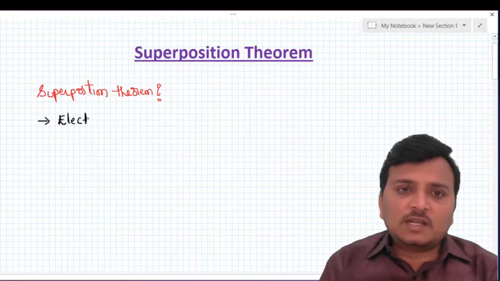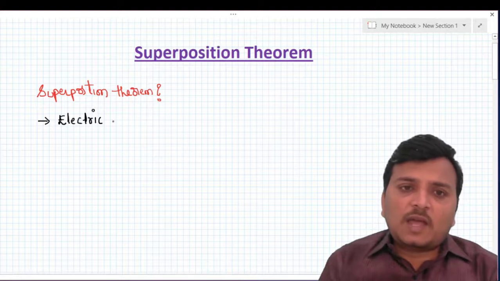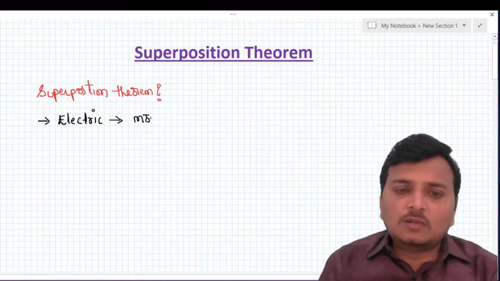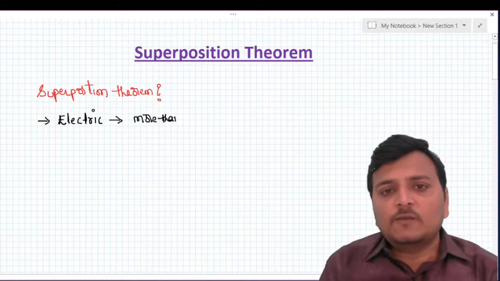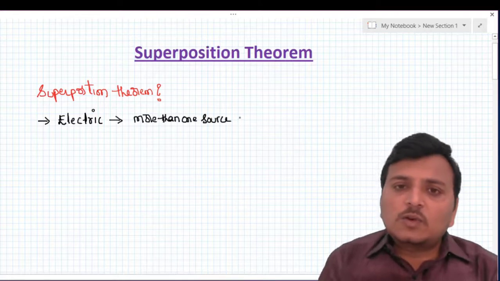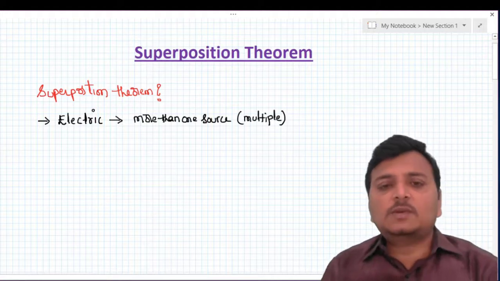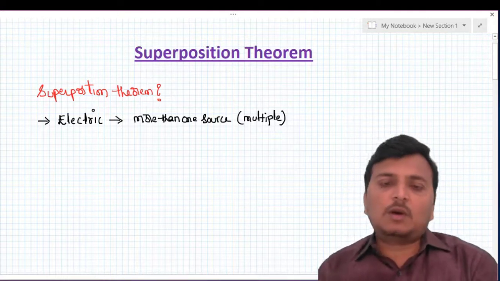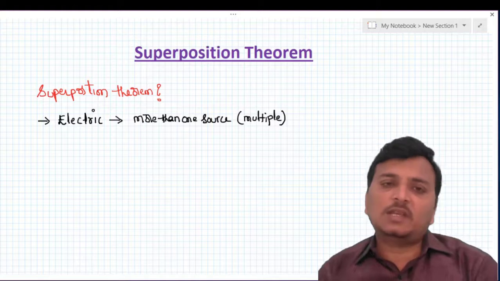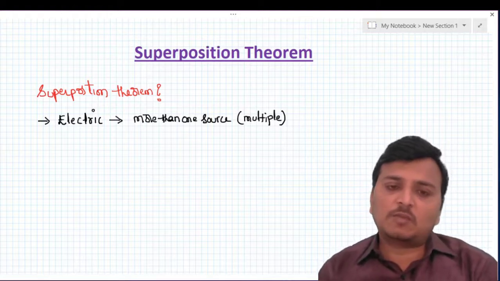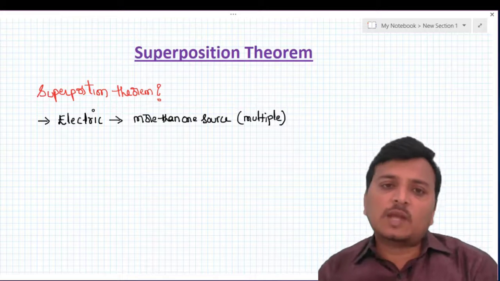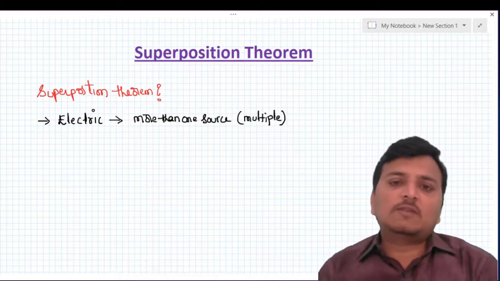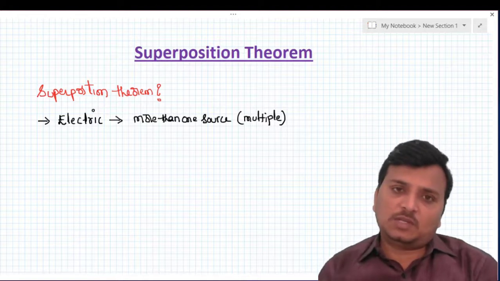If this electrical circuit has more than one source, also called multiple sources, in that case only we will apply the superposition theorem. The basic use of the superposition theorem is when your electrical circuit has more than one source.